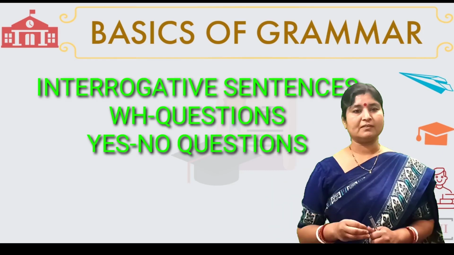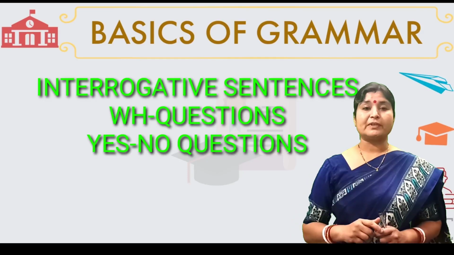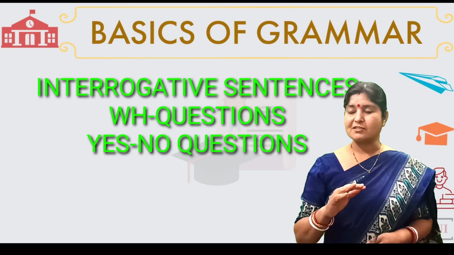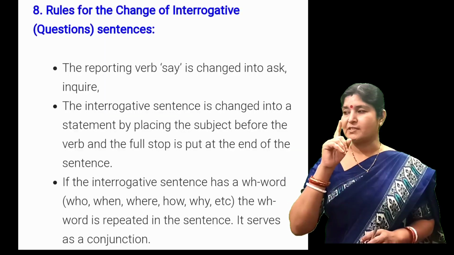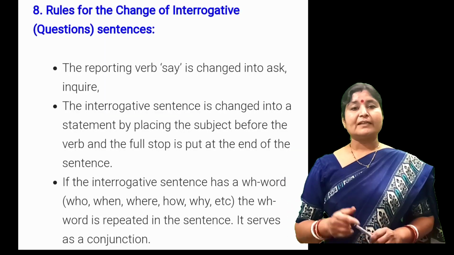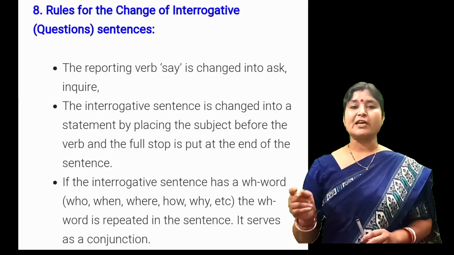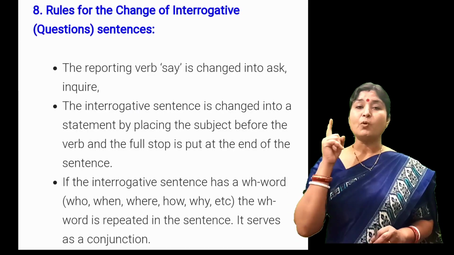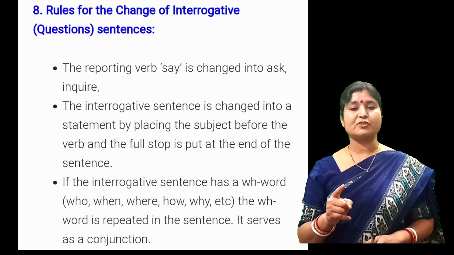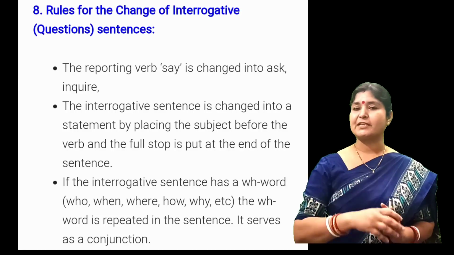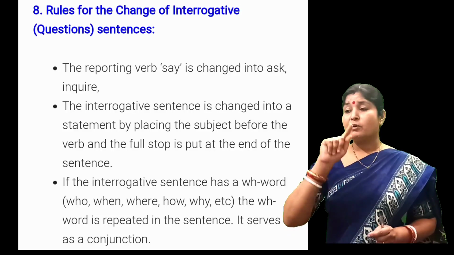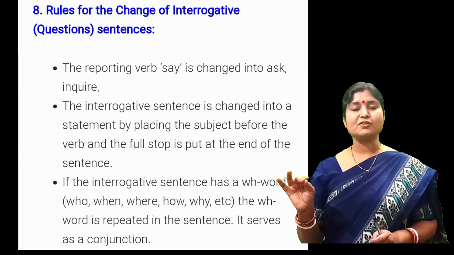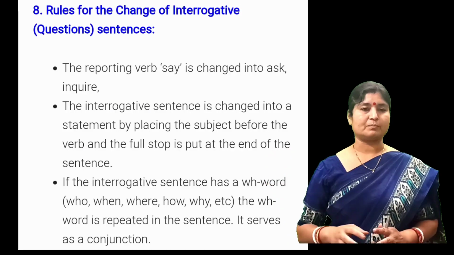The first one: the reporting verb say is changed into ask or inquire. The interrogative sentence is changed into a statement by placing the subject before the verb, and a full stop is put at the end. Remember, the question mark is removed.